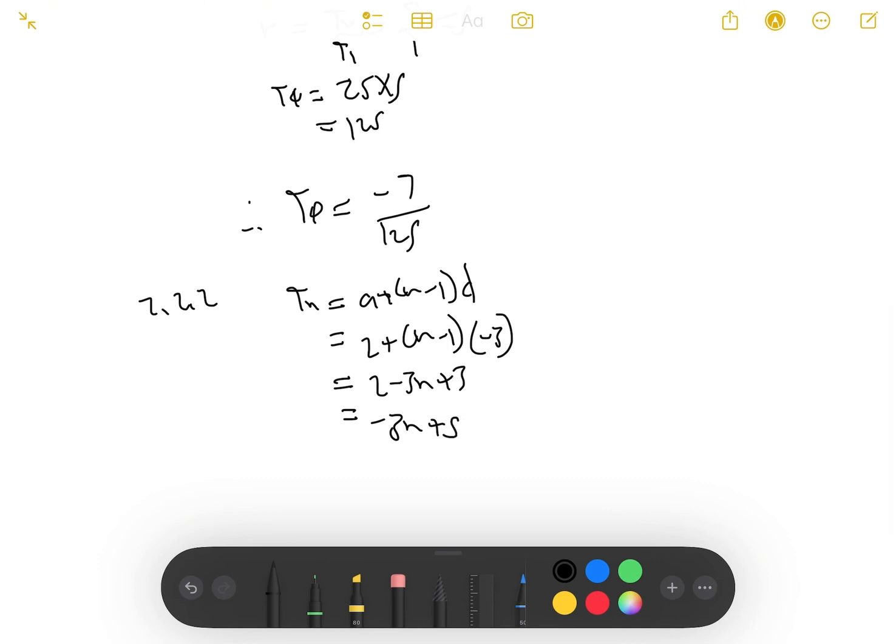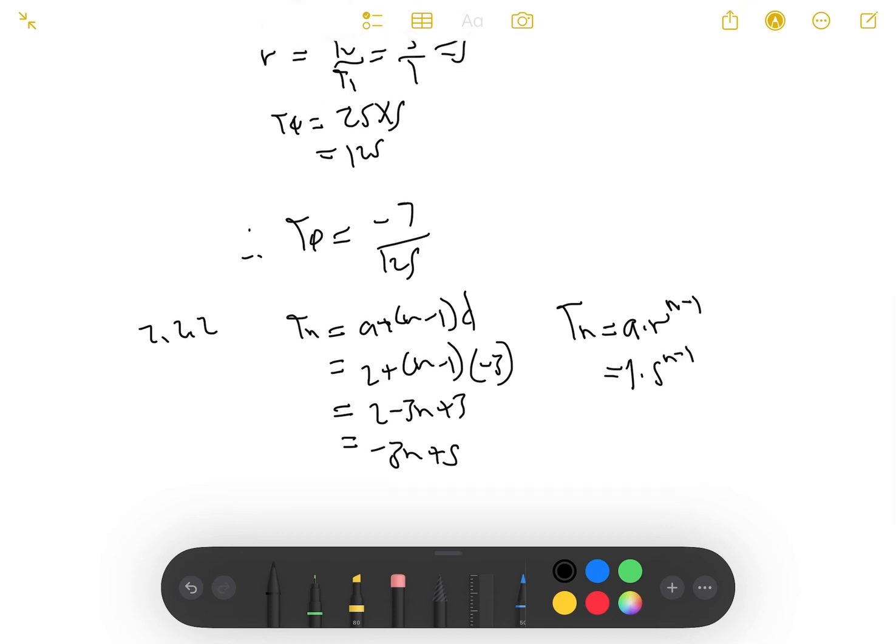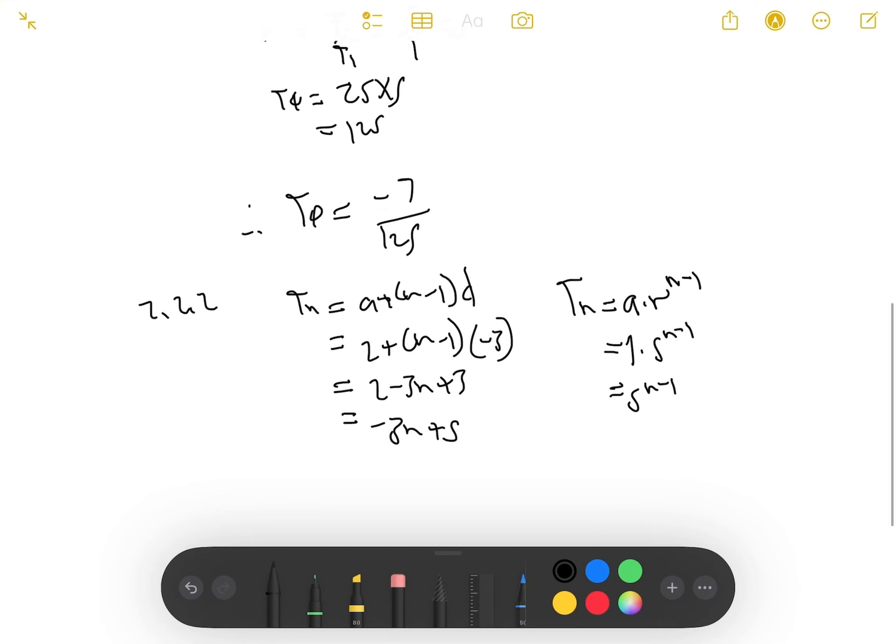Okay, and then for the geometric sequence, we have Tn, which is equal to a times r to the exponent n minus 1, of which we know our a was 1 and our r was 5, which is the same as 5 to the exponent n minus 1.